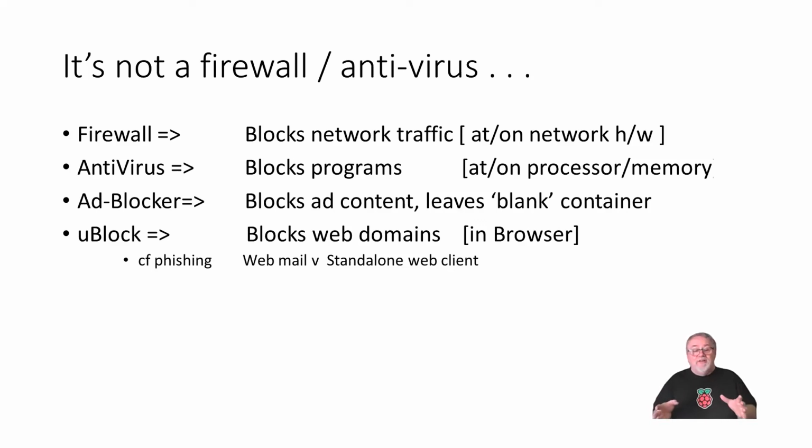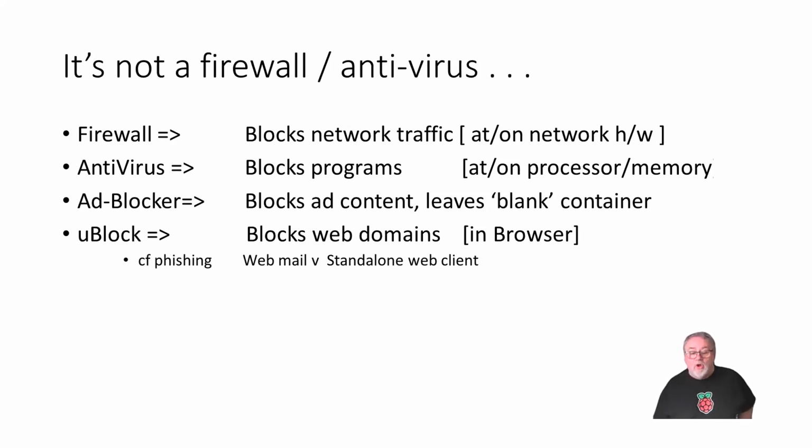This doesn't. This will actually just block certain domains. One of the things that it's good for is if you're using a web-based email client, then it'll stop phishing emails because the phishing emails are not coming from the right domain. So it'll stop some of that.